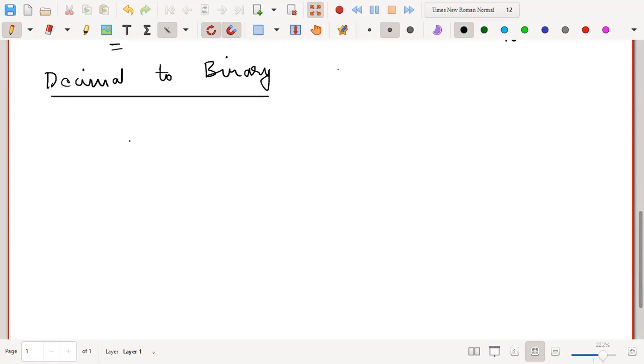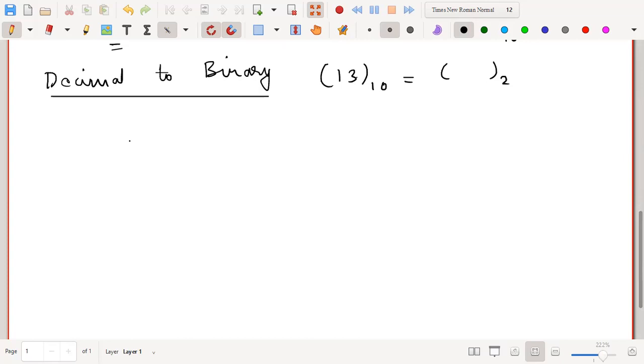Suppose you need to convert 13 to the base 10 to the equivalent binary. We do not know that binary, so I'm just writing a vacant space here, then to the base 2.